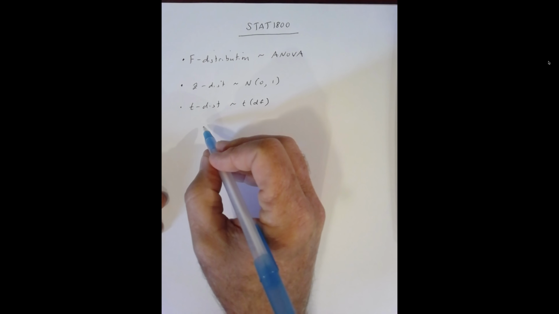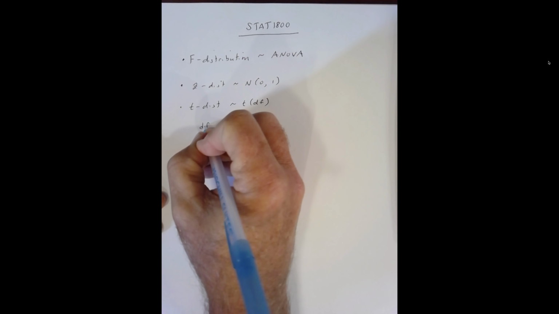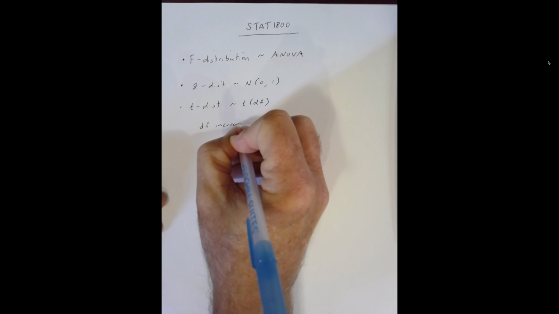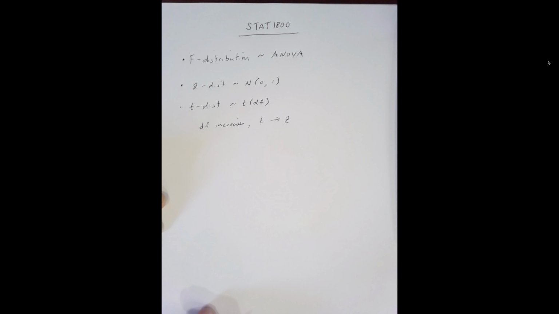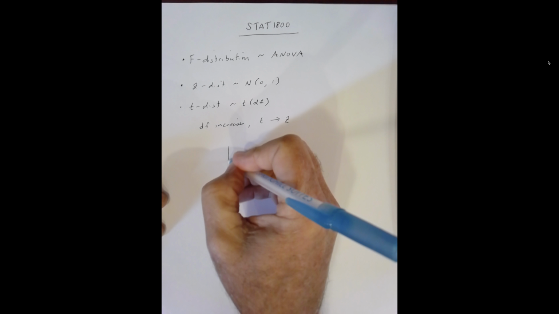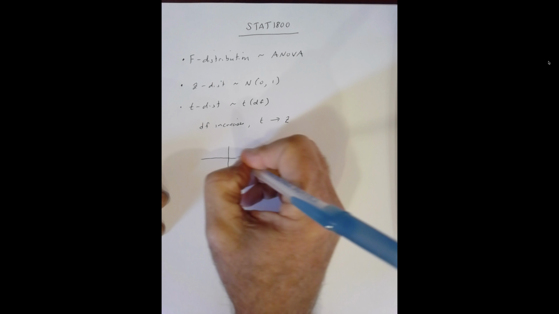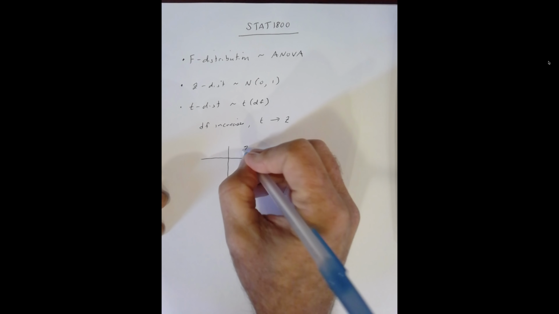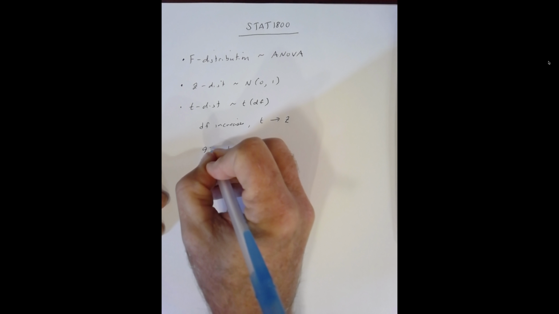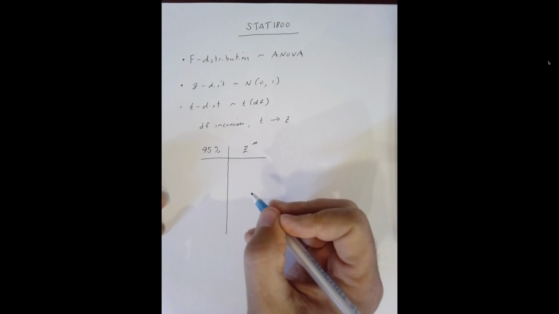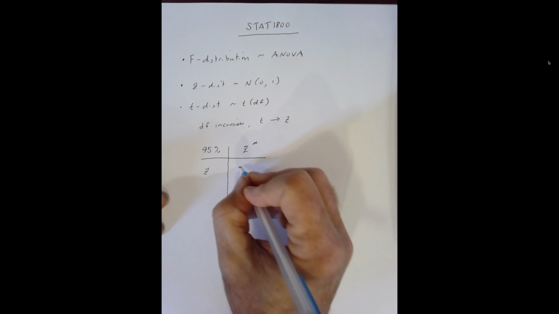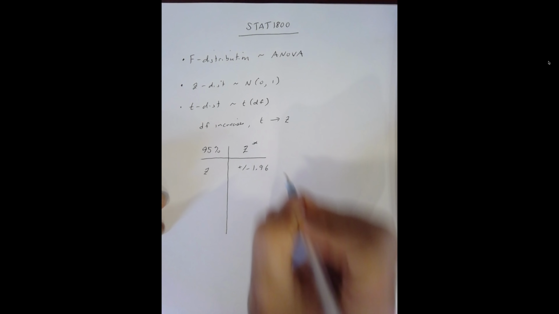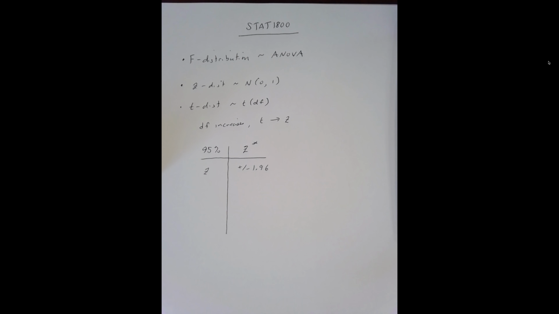Now, something interesting, as your degrees of freedom increases, the T distribution actually approaches the Z distribution. And you can see this by examining the Z critical for a 95% confidence interval. With the Z distribution, that value, the Z critical for the 95% confidence interval, is plus or minus 1.96.